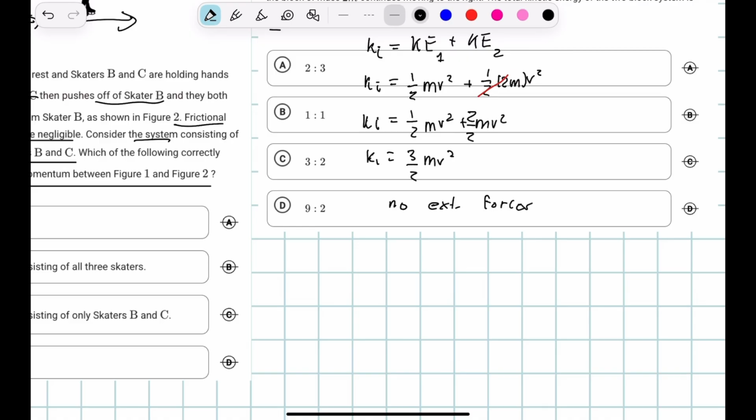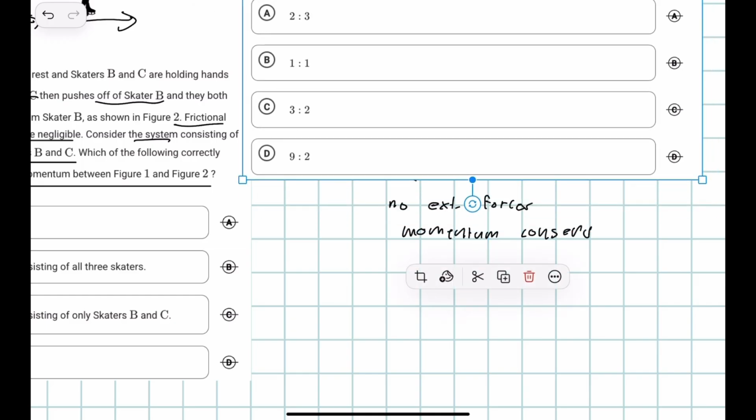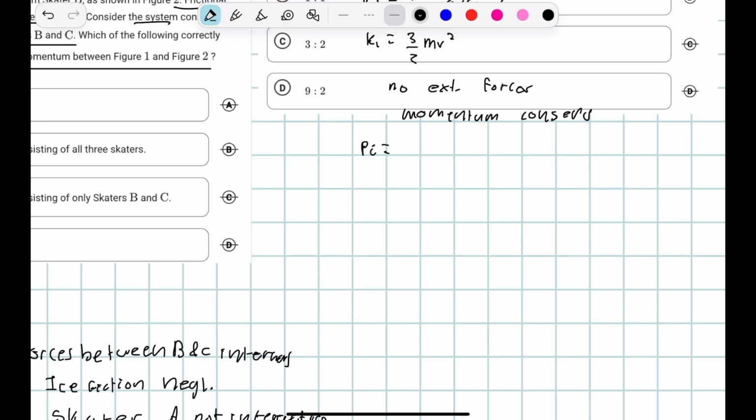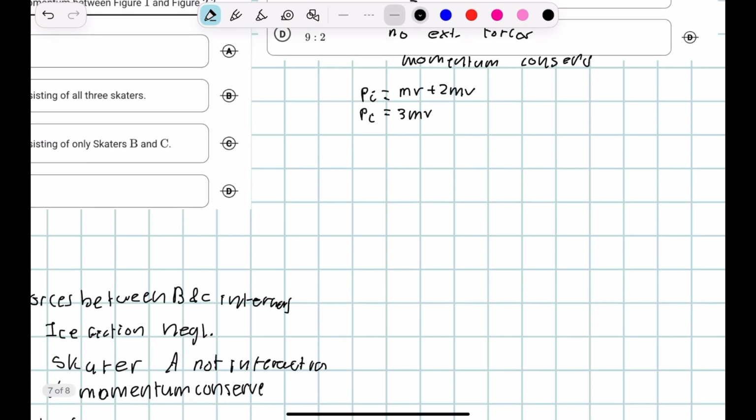So we know that we have momentum conservation, right? Okay, so you can write the initial momentum is equal to mv plus 2mv, double the mass for the second mass, and that's going to be 3mv for p initial. Now for your final momentum, we know that block 1 stops, right?